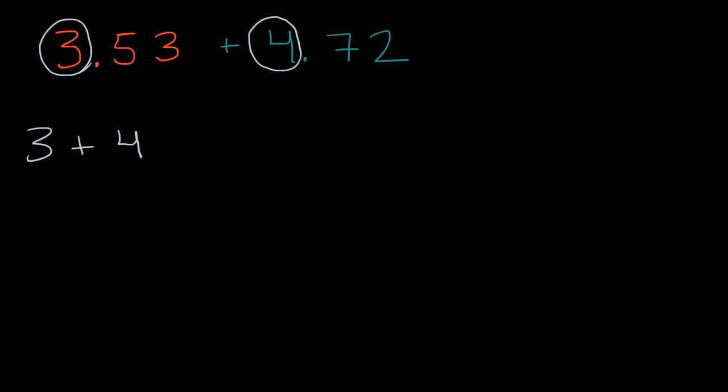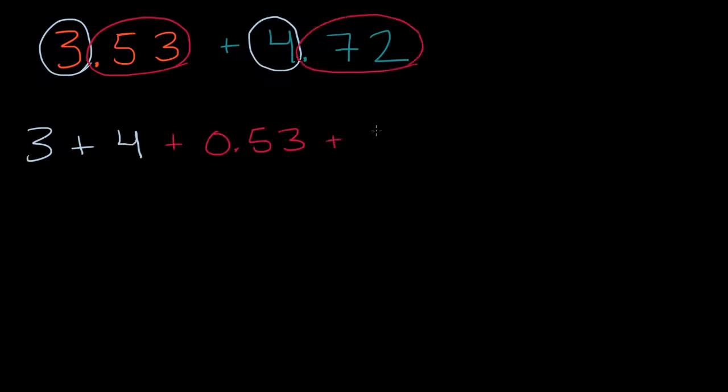And then we could add the hundredths, plus 53 hundredths plus 72 hundredths. Now the 3 plus 4 is pretty straightforward. This is just going to be equal to 7.